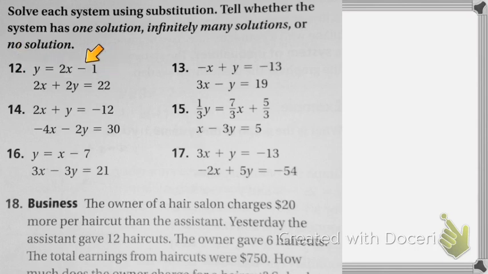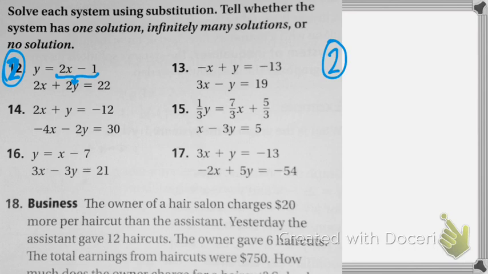You know to use substitution whenever it's y equals or x equals. Those are like the magic words. So since you see y equals right here for number 12, which I'm going to call number 2, you're going to substitute what y equals in for y. So we're going to take all of this stuff and we're going to replace that y with it.